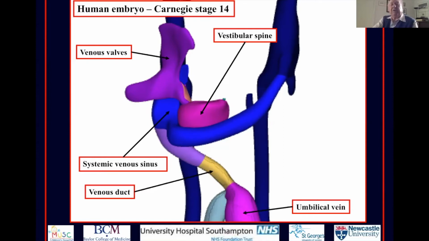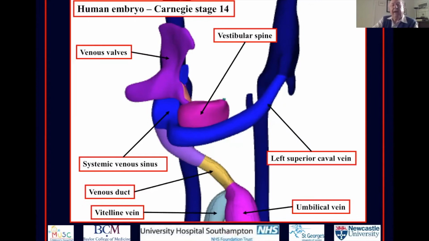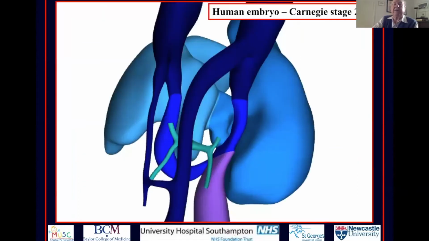And the venous duct, of course, will drain the blood from the umbilical vein and the vitelline vein. The left superior caval vein, as you've seen, drains through the left sinus horn, and that has also been incorporated so that it drains to the right side of the atrial chambers.